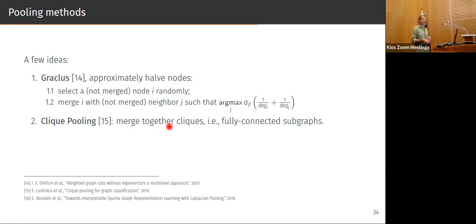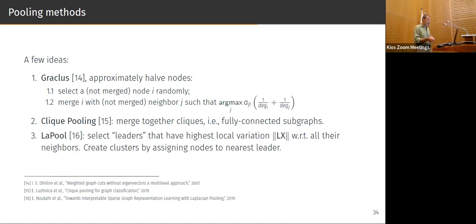Or they try to merge together the cliques, if you have cliques within the graph, and then they find a way to provide features. Or they look at the local density with respect to the Laplacian. I'm not going into the very fine details. I'm just telling you that there are different methods which depend either on the topology or on the connectivity, how dense is a node with respect to the neighbors, and so on.